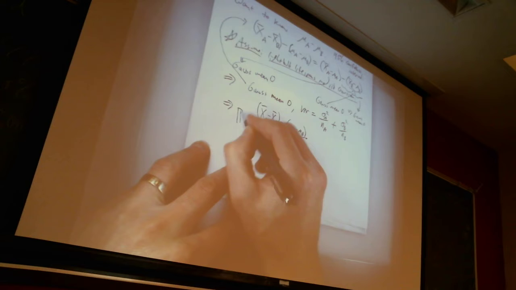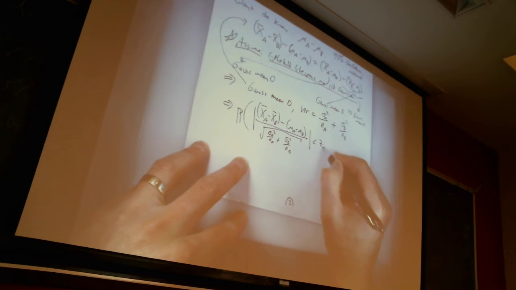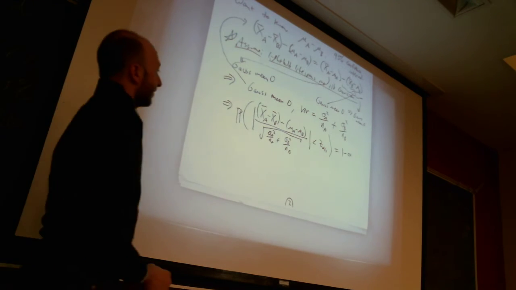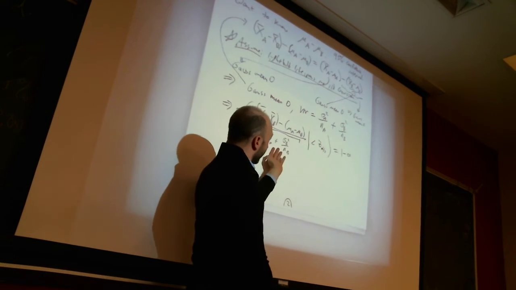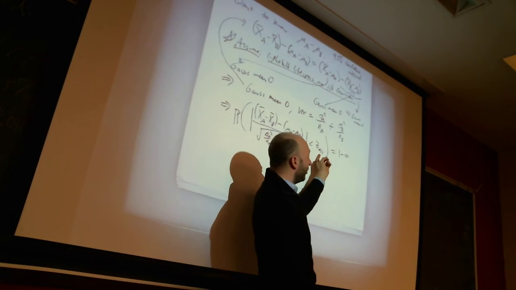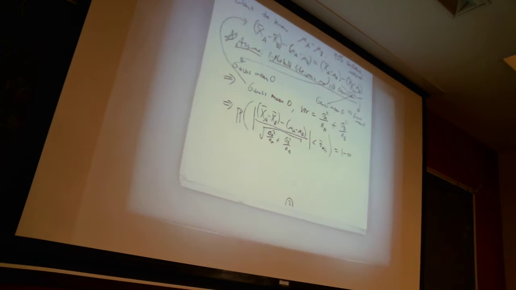And then the probability that this in absolute value is bounded by z alpha over 2 is equal to 1 minus alpha. This is now a standard Gaussian normal, so I can use the cumulative Gaussian normal distribution to work out what confidence interval I get.